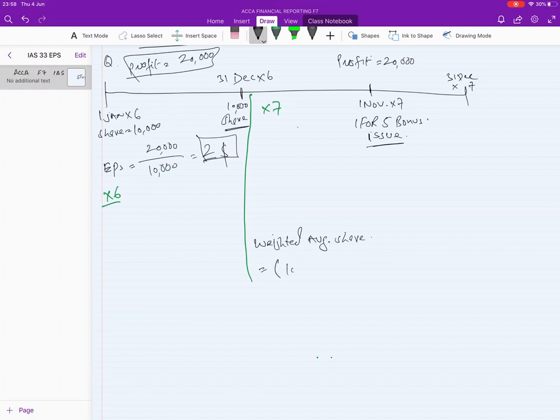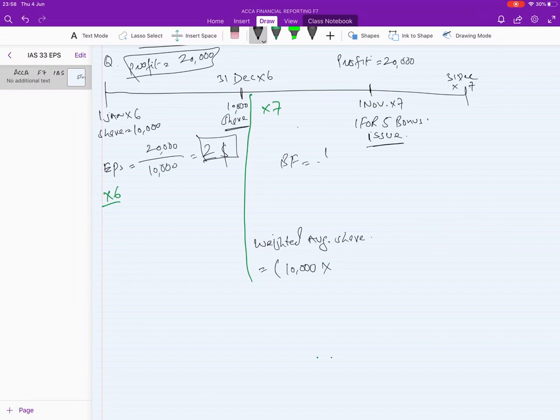You had 10,000 shares at the beginning. Now I have already discussed, for a bonus issue we have to take the bonus effect, bonus fraction or bonus factor, from the very first day. We will calculate the bonus fraction BF first.